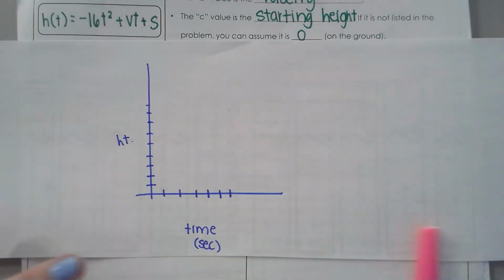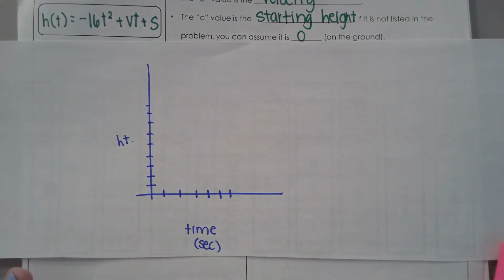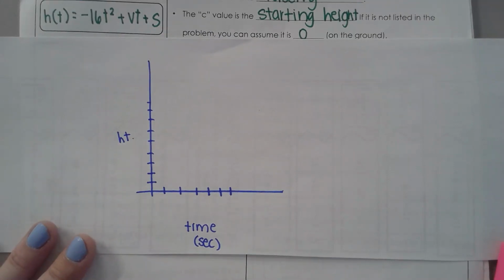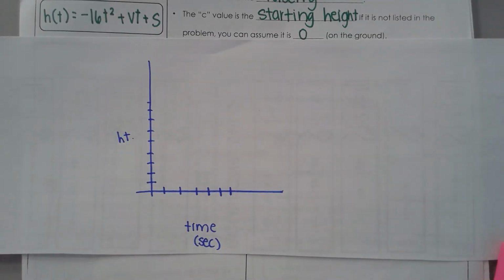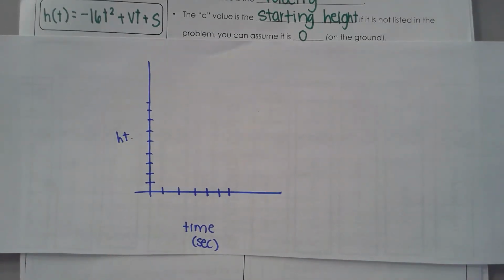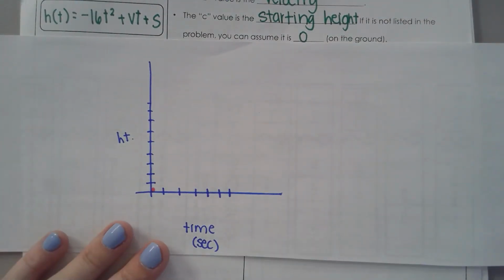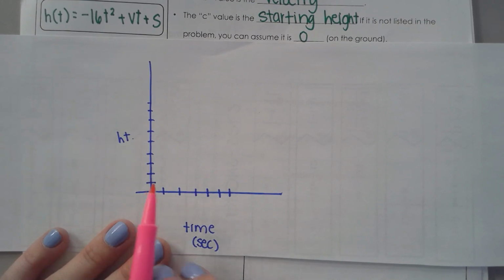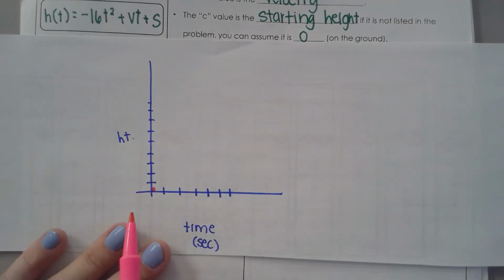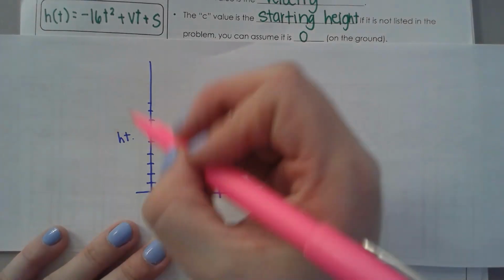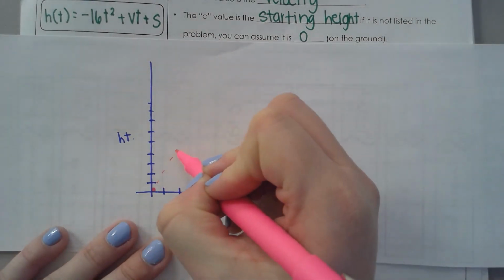Where would the object generally start out? At 0 seconds, 0 height, on the ground. Then if you were to kick it up in the air, as time goes on, what happens to the object? It goes up. Does it go up forever?